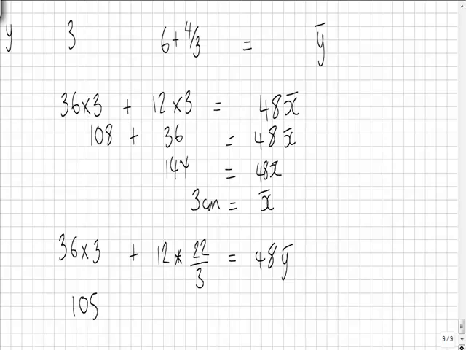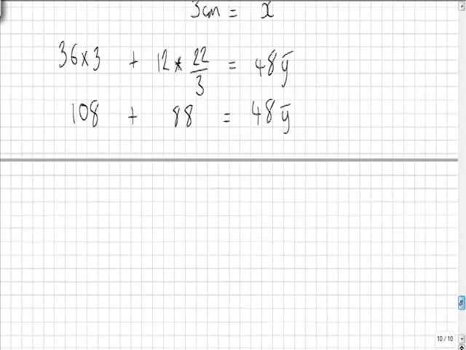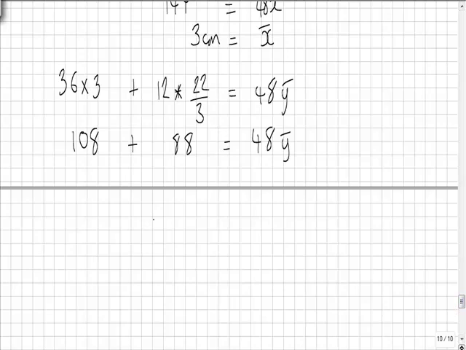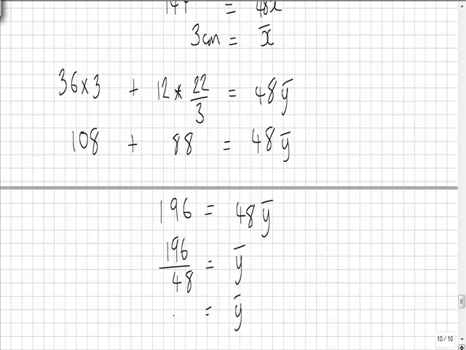We've got 108 plus 88 is equal to 48 Y bar. So adding together we get 196 is equal to 48 Y bar. So 196 over 48 is equal to Y bar, and Y bar eventually comes out to be 4.083 centimeters. So there's your X and Y bar values.